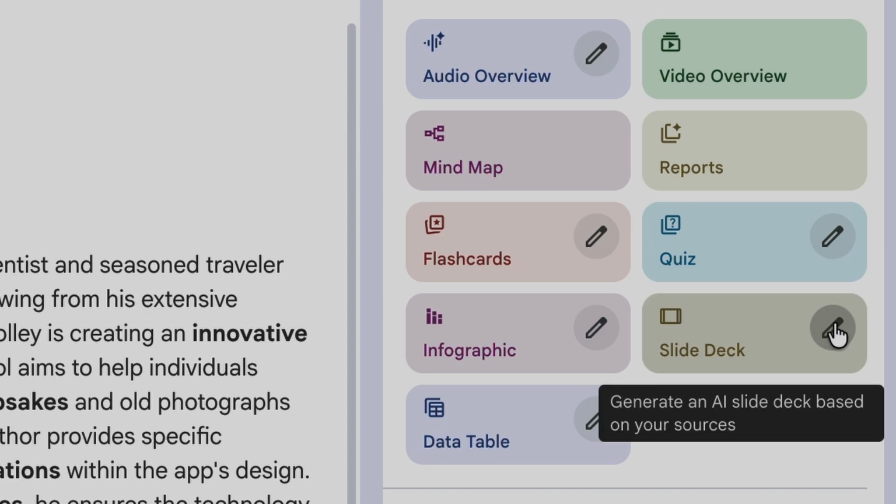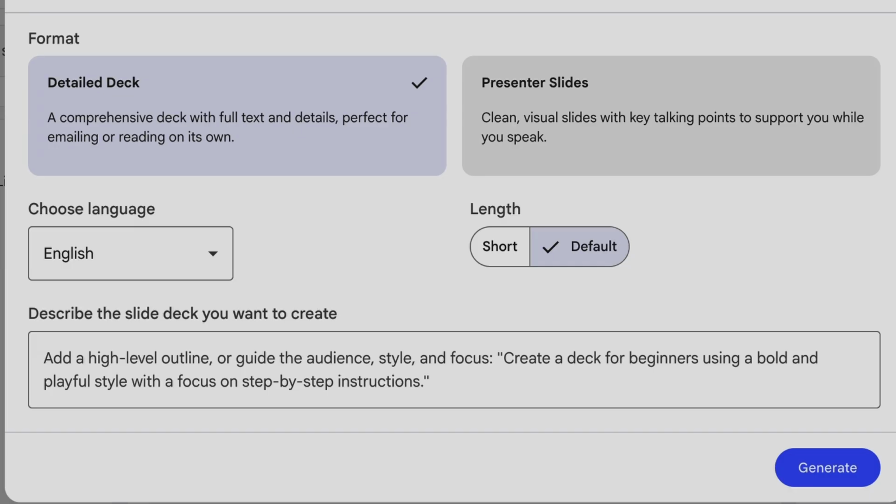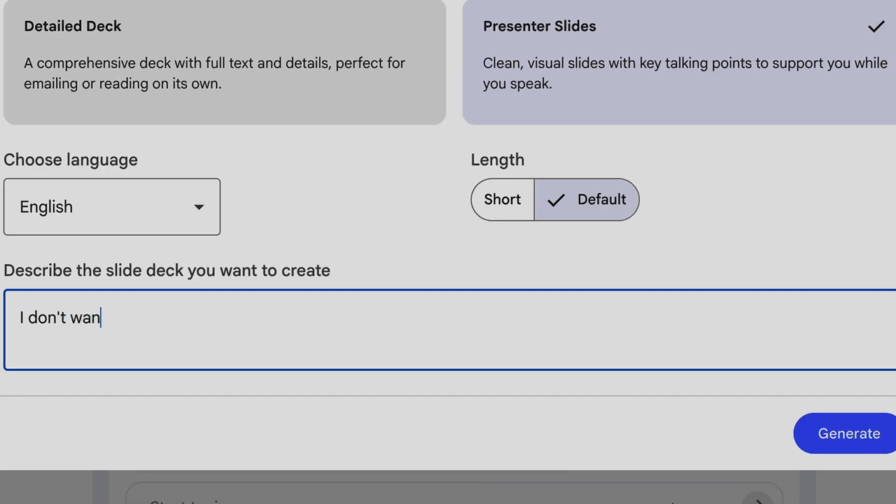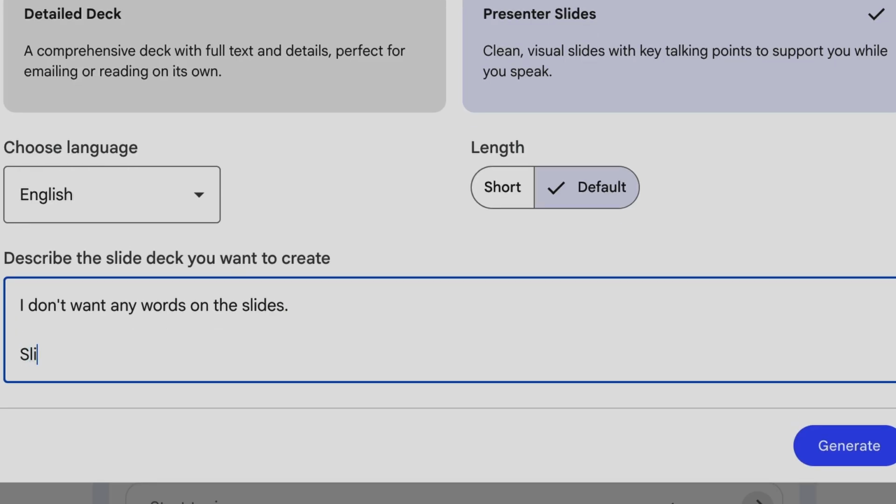So I click this right button, and I want to create presenter slides. That's the default. Then we just write what we want. I don't want any words on the slides specifically. Then I usually just number the slides. Slide 1. What did I want? I want King Kamehameha on a throne.